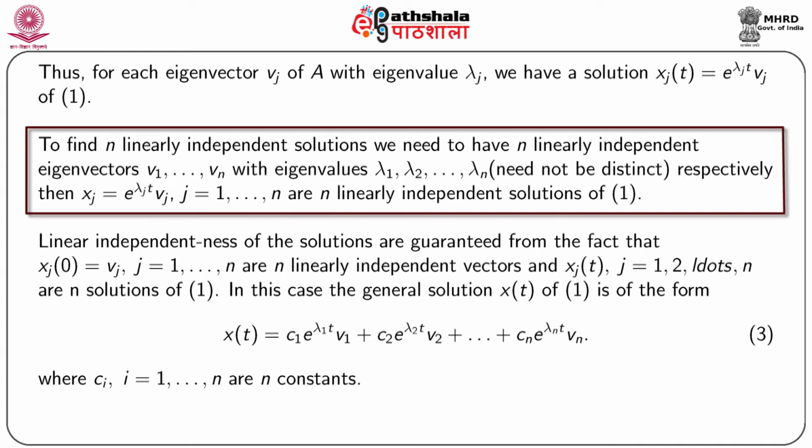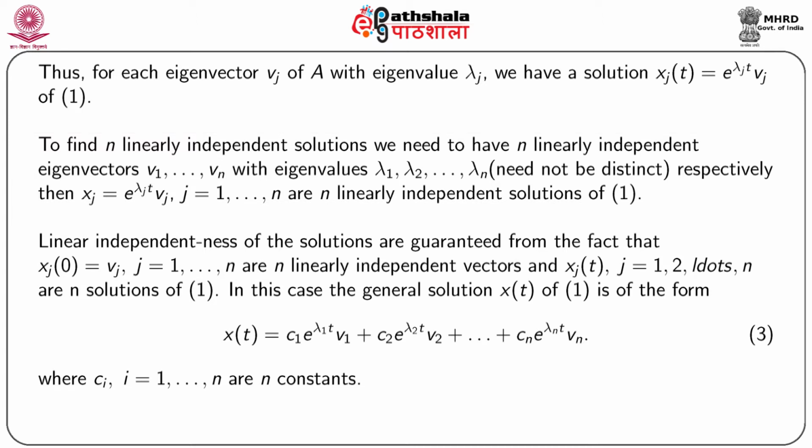To find n linearly independent solutions, we need to have n linearly independent vectors V1, V2, ..., Vn with eigenvalues λ1, λ2, ..., λn, need not be distinct respectively. Then xj = e^(λj t) Vj, j = 1, 2, ..., n are n linearly independent solutions of 1.